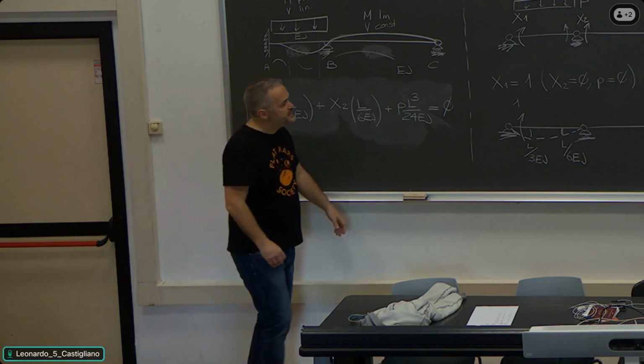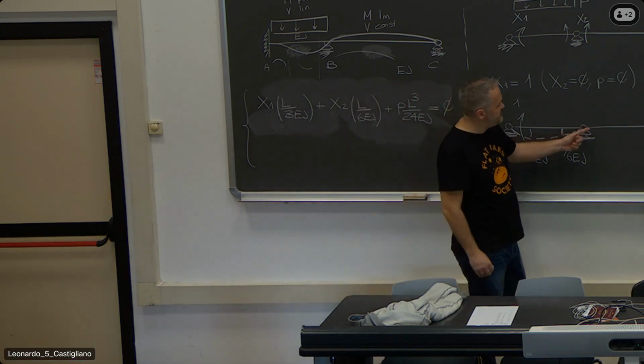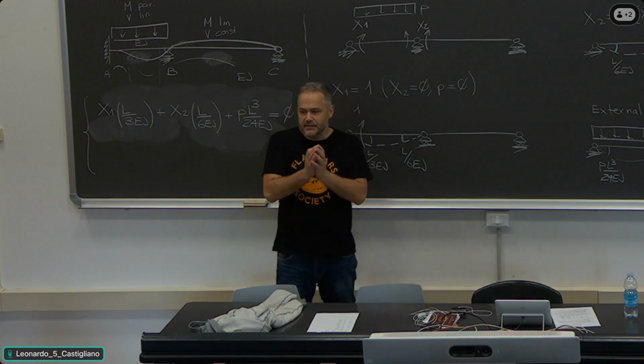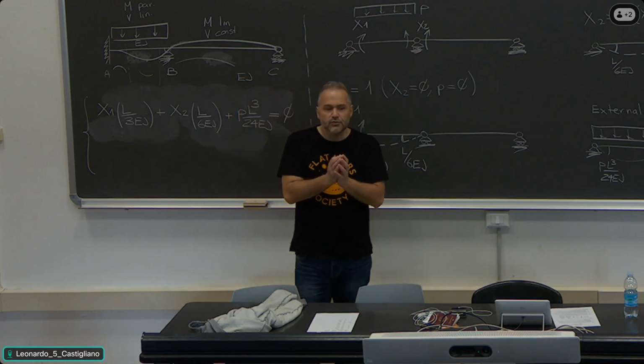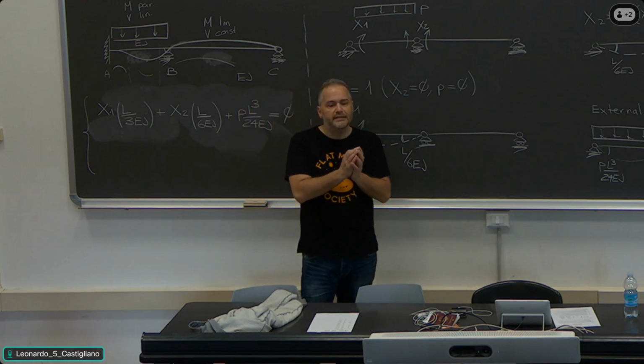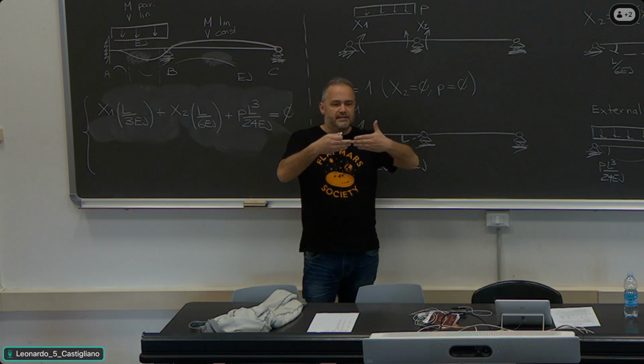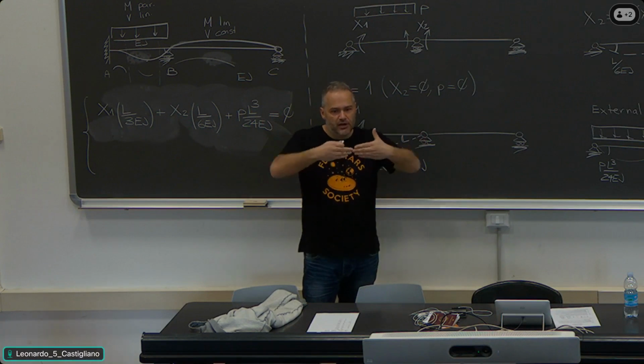Now, let's look at what happens at the center support. When you write compatibility equations at internal points with reference to internal bending moments, you don't look at clockwise rotations and counterclockwise rotations. You look at whether the point has an angle which widens or narrows.